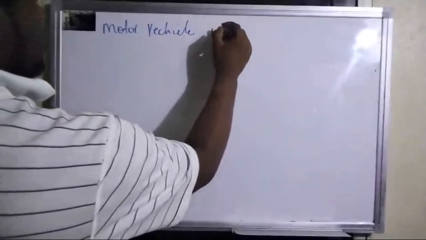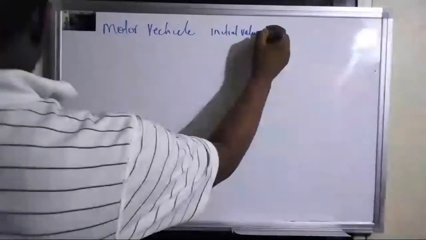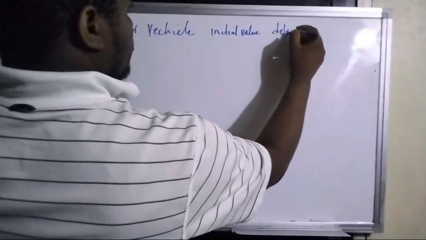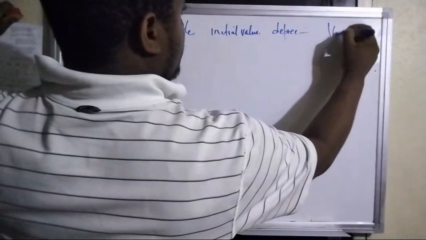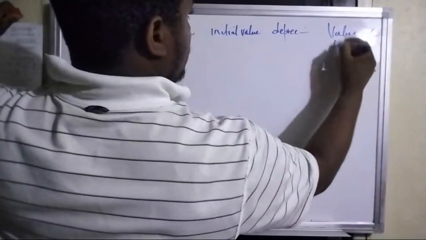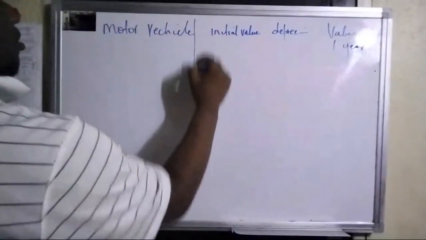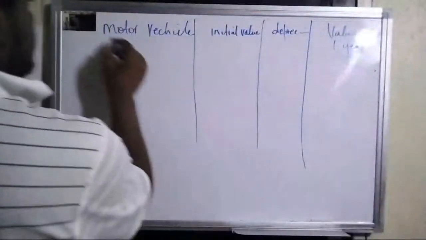And then you have the initial value. Then you have the depreciation. And then you have the value after 1 year. And this is the information they gave us.